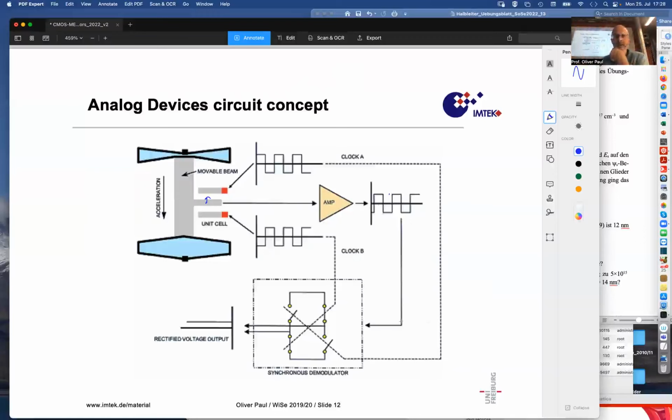When this is rectified by taking the input from the original clock cycle, that's easy to do, then you get a constant output whose level tells you exactly where the central electrode sits. If it's positive, then it's towards the up, and if it's negative, then it may be in the other direction. And so that gives you a measure of the acceleration. So this is how it is explained in this paper by Analog Devices.